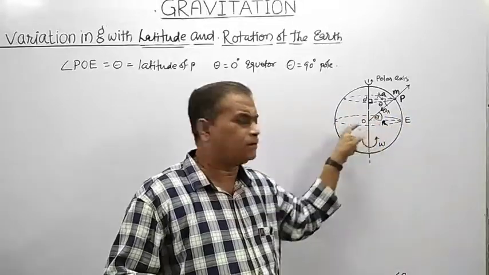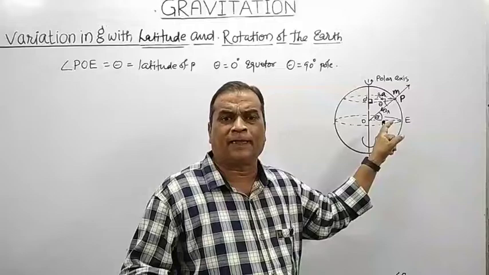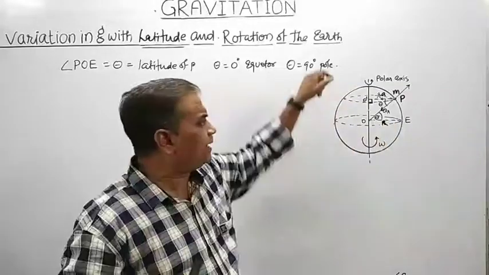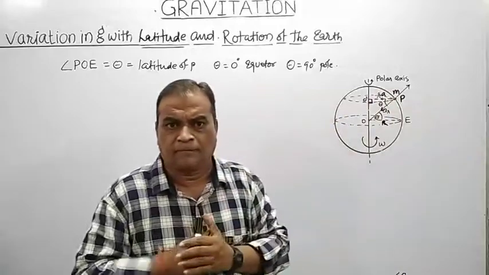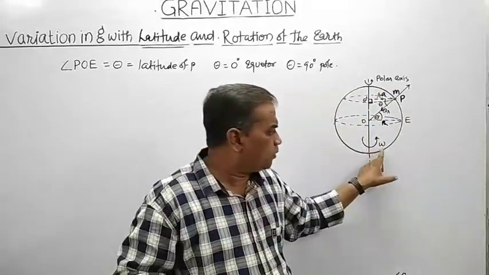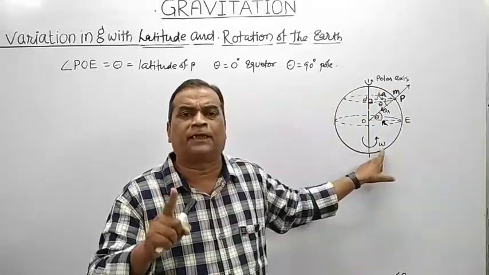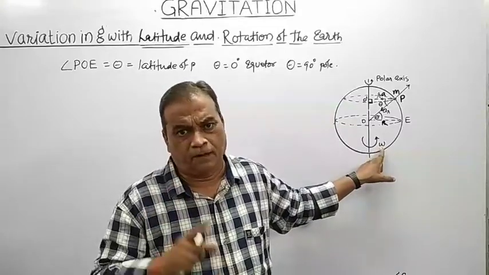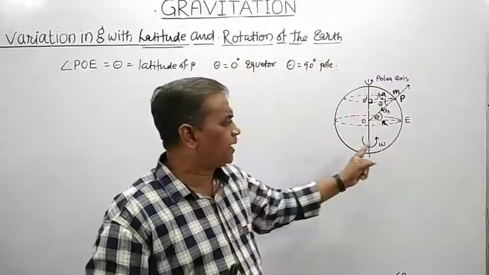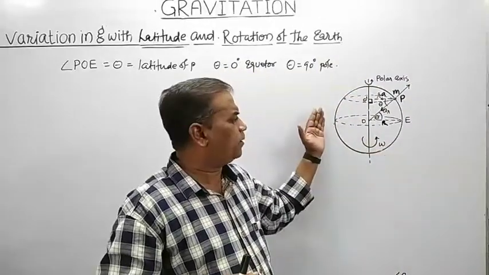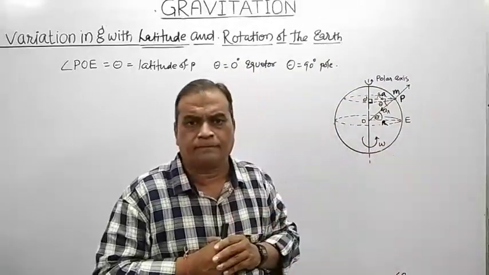And here I have shown that Earth is rotating in this manner. It means Earth rotates about its polar axis from west to east with a uniform angular speed omega.